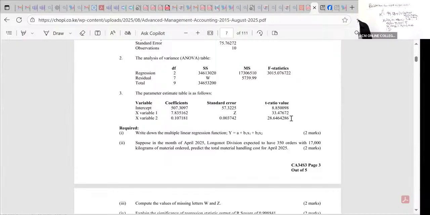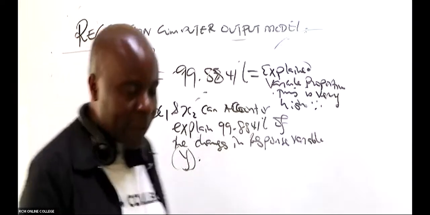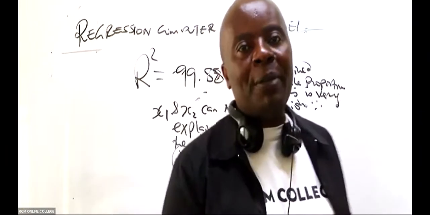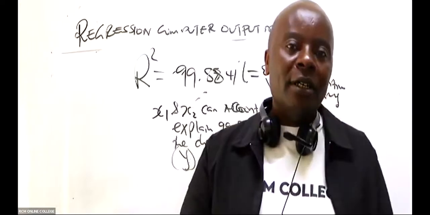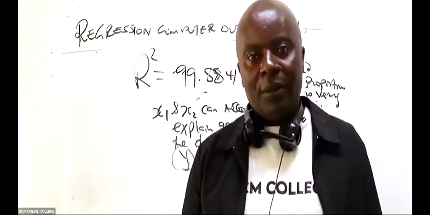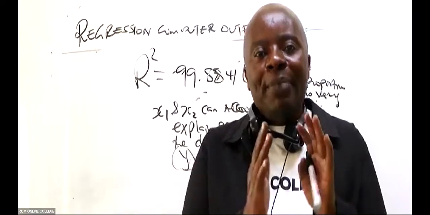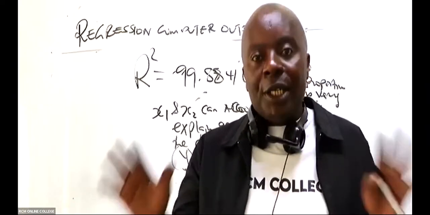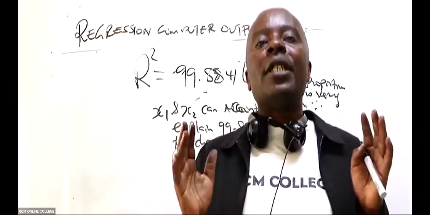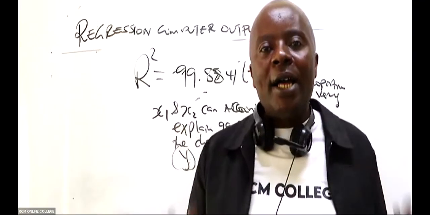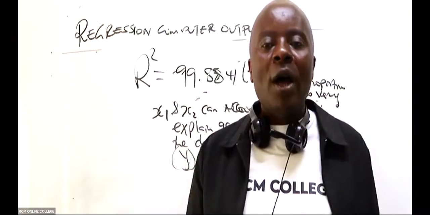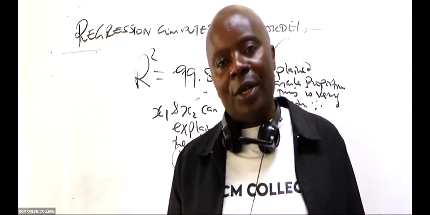So you simply tell us that X1 is more significant than X2 simply because it has a higher T ratio, because they never wanted you to do any significance test. On the basis of the T ratio values between the two, the more significant one is the one that has a higher T ratio.